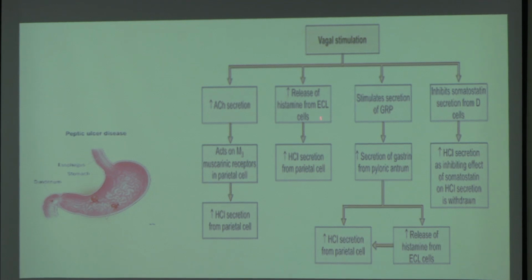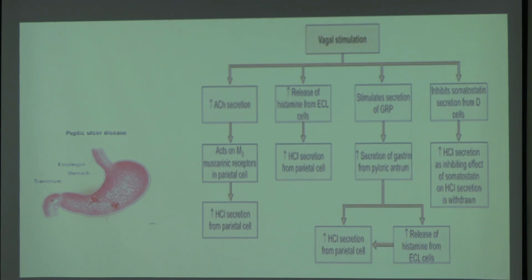And there is release of histamine from enterochromaffin-like cells of the stomach. And also stimulates the secretion of your gastrin releasing peptide. The gastrin I have told you has a stimulatory effect, okay? And it will inhibit the somatostatin secretion from the D cells. So from D cells, somatostatin is secreted.